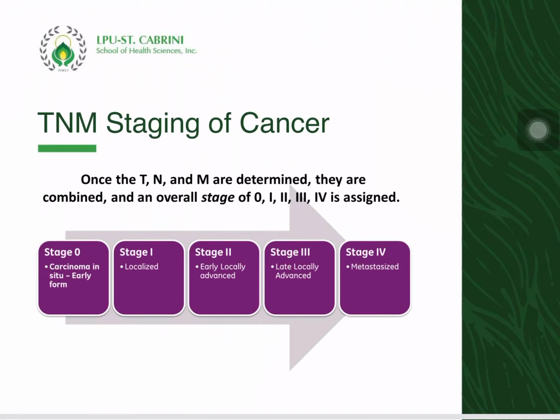While if the number beside the T and M is 1, it means it is localized. If stage 2 or if 2, it means that it is early locally advanced. As for stage 3, it is late locally advanced, and stage 4 is metastasized, kung saan kumalat na yung cancer cells.